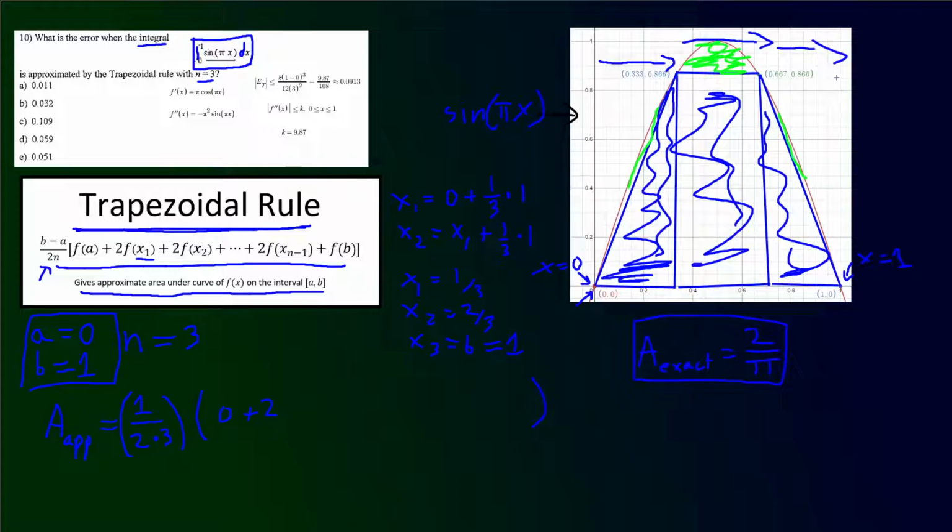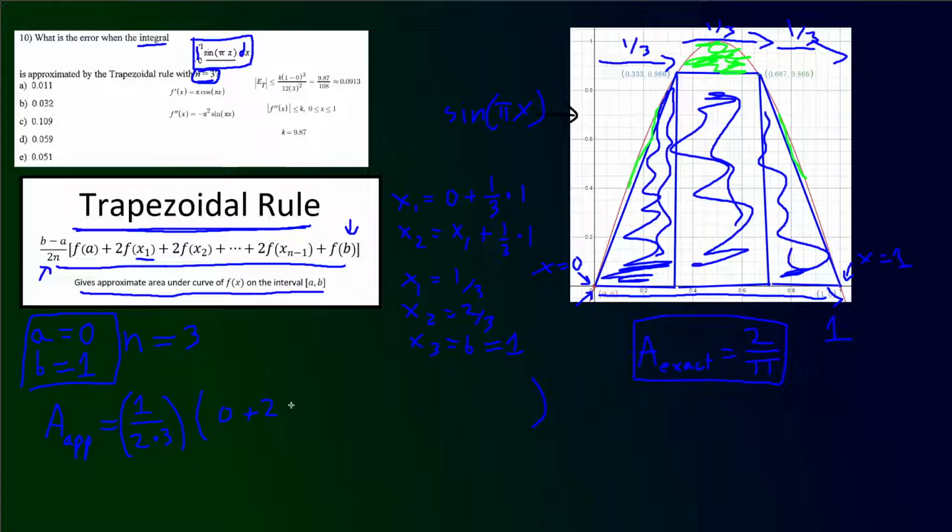Why are we taking 1/3 steps? Because the distance we have to cover is 1, and we want to take 3 steps. That's what n equals 3 means. So if you're going 3 steps from 0 to 1, you have to take steps of size 1/3, and that's what your x1, x2, etc. are, until you get to f of b.